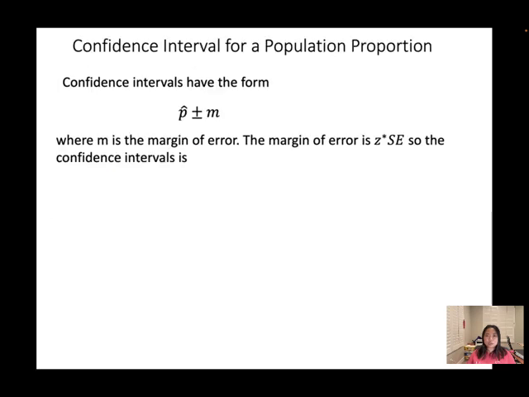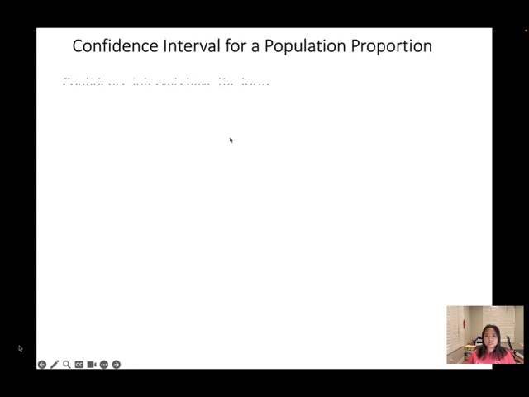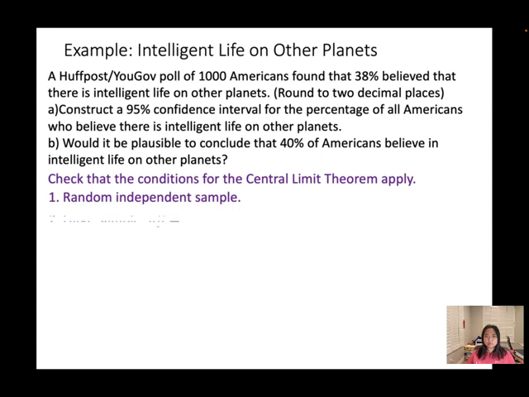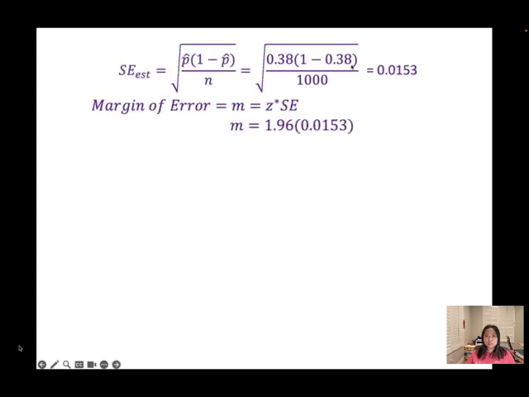We're gonna check the table here. 95% confidence interval, that will be 1.96, okay? So 1.96 times standard error, which is going to be equal to 0.029988. So we want it to 2 decimal places, that will be 0.03. Okay, right? Find the margin of error.